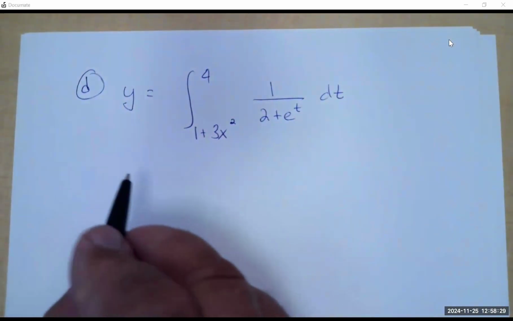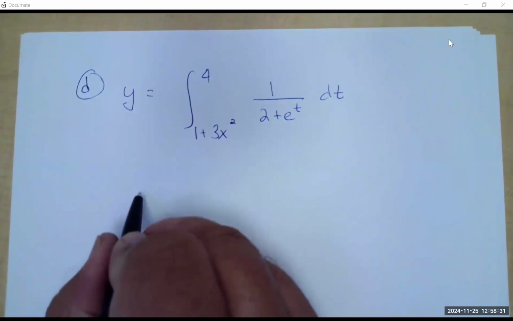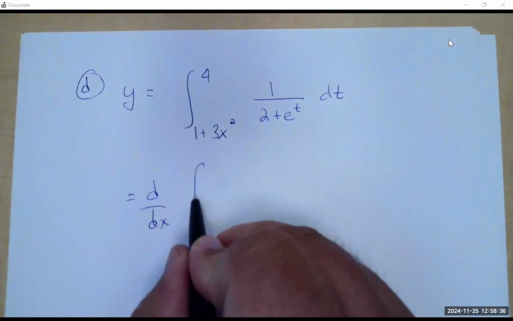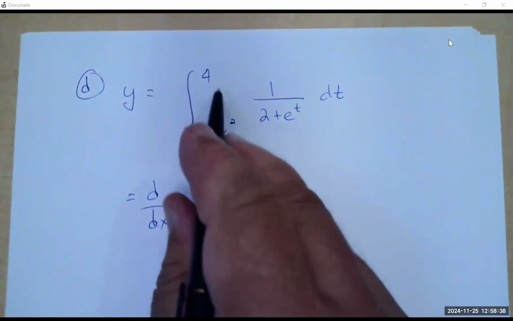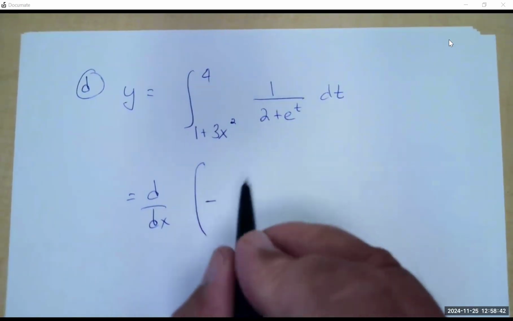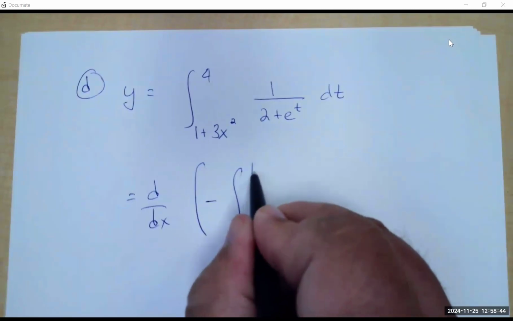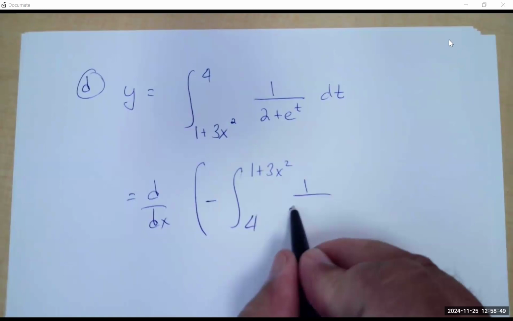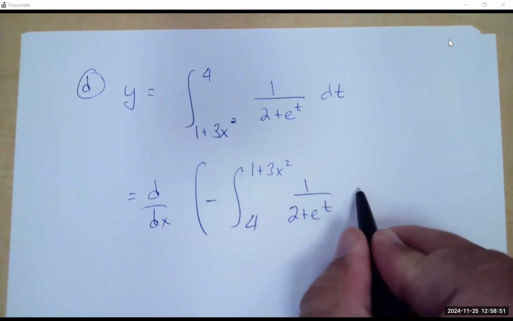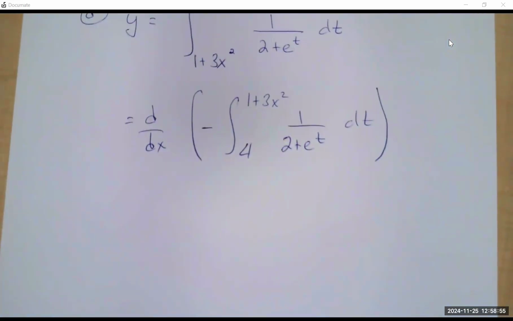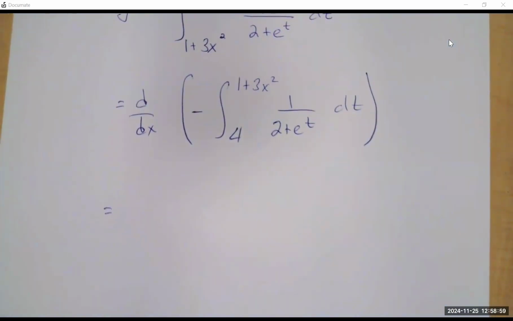What we're looking for is the derivative of, well, first off, is this right? We have to change the sign. So then it becomes the integral from 4 to 1 plus 3x squared of 1 over 2 plus e to the power t dt.